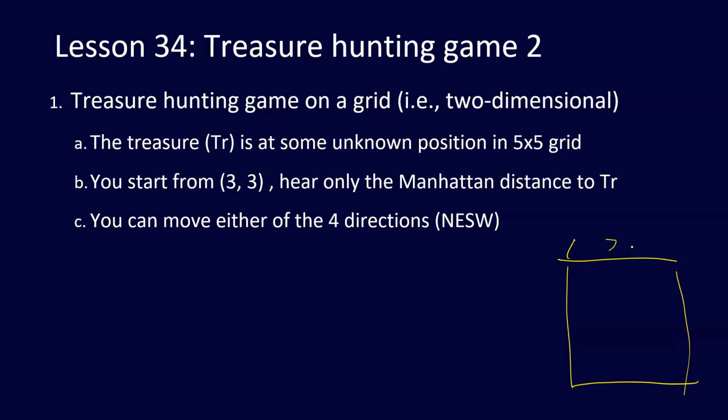So 1, 2, 3, 4, 5. 1, 2, 3, 4, 5. This should be kept in our mind. And we have 4 options to move. And then we try to decrease the distance. Okay, let's try it.